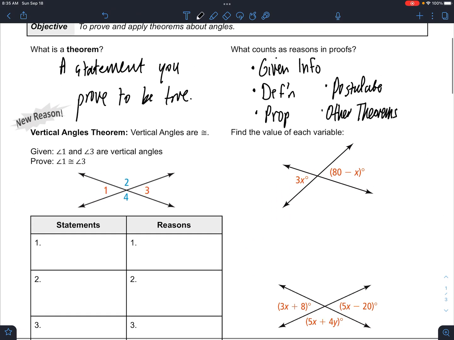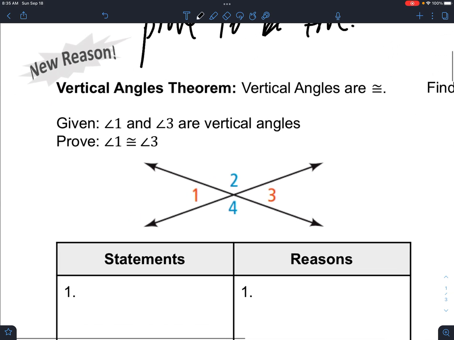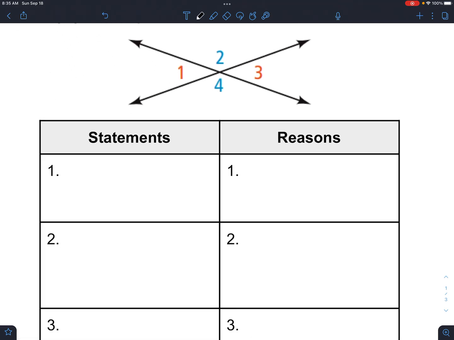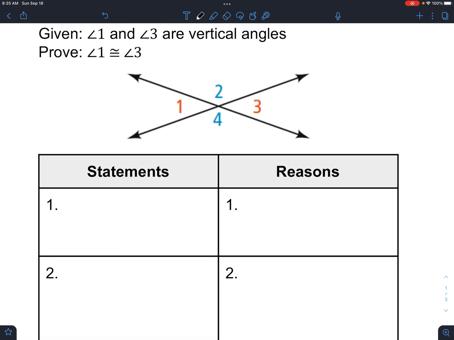Okay, so we've talked about vertical angles before, but we haven't shown that they're congruent. So here's a proof that can do that. So first things first, copy down the given.